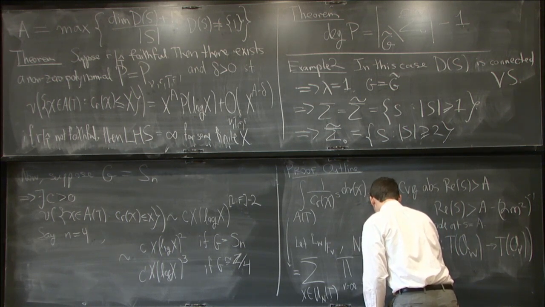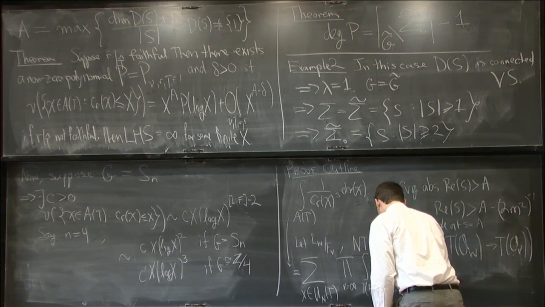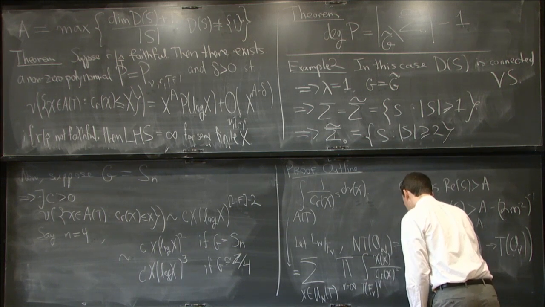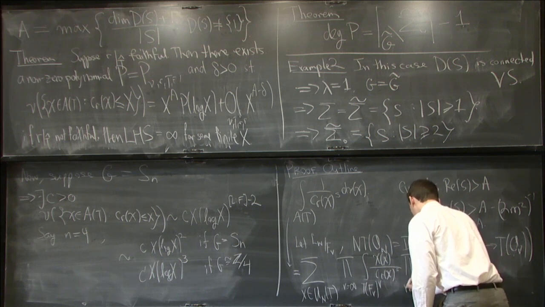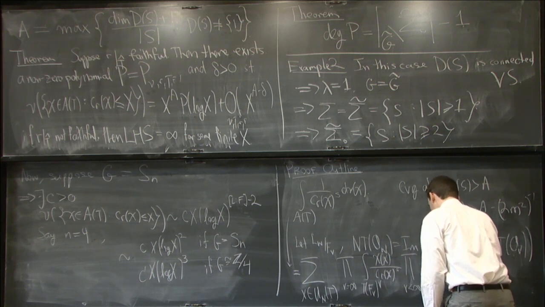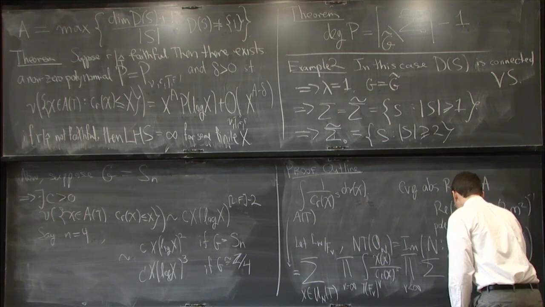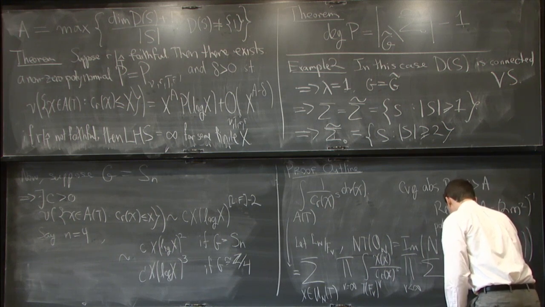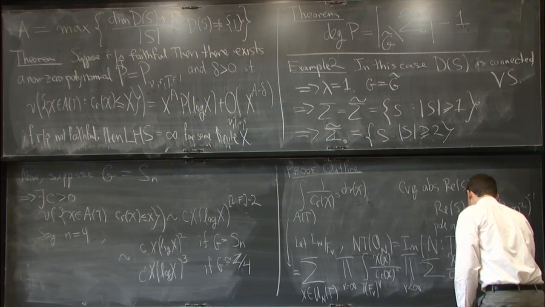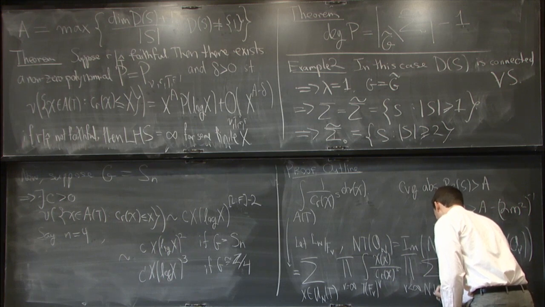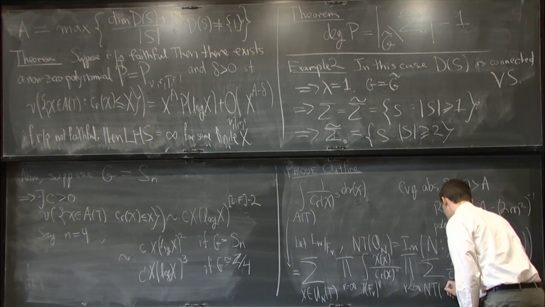Here's chi of x, and here's the local analytic conductor at an Archimedean place to the s. And here's the product over finite places of the same thing, chi of x over the conductor to the s. So this is going to be over this image of the norm map.